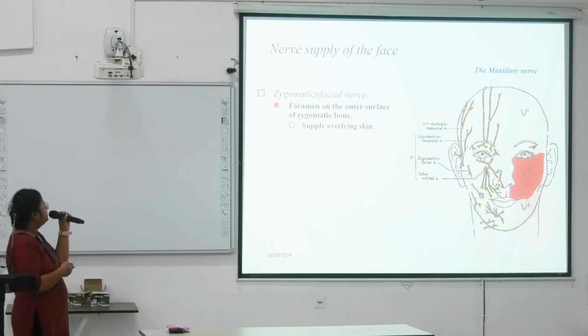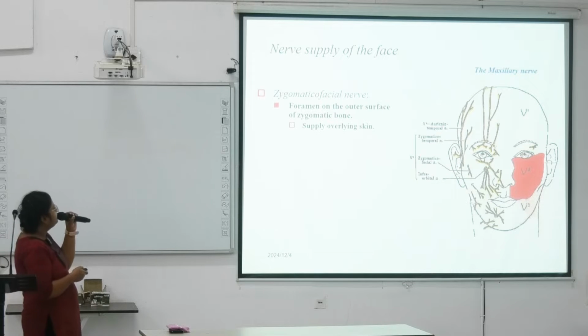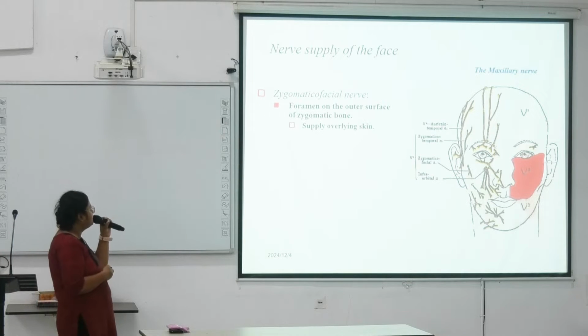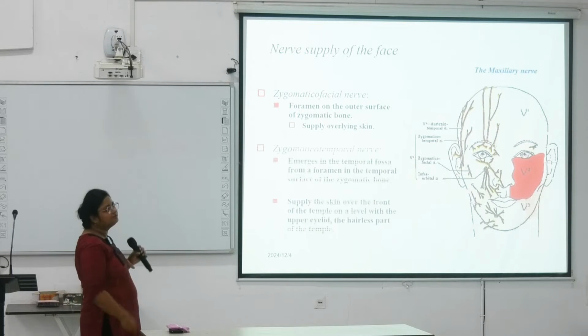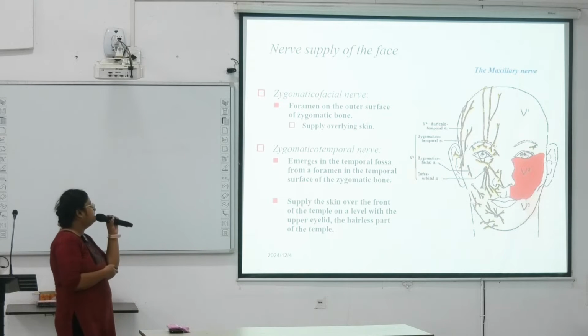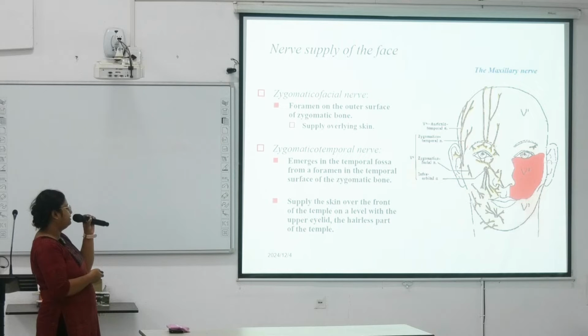Next is the zygomaticofacial foramen on the outer surface of the zygomatic bone. Here, this is the zygomaticofacial nerve and it supplies the overlying skin of the cheek mainly. Next is the zygomaticotemporal.